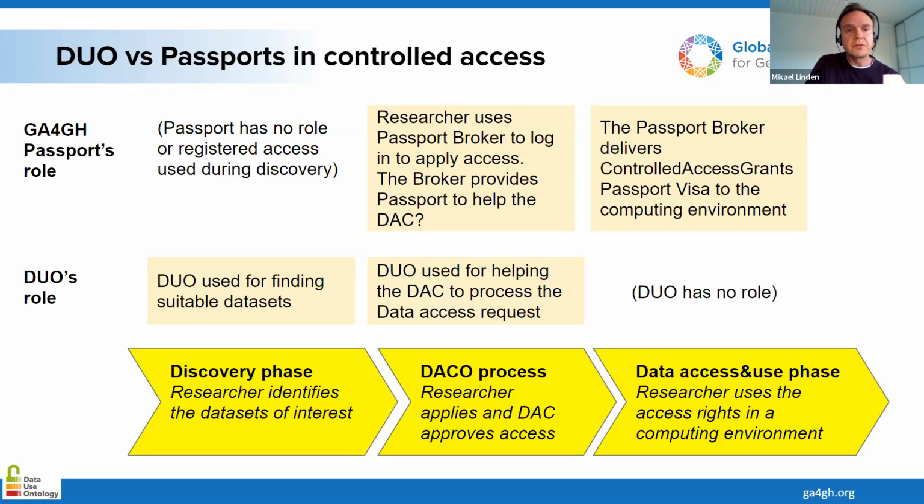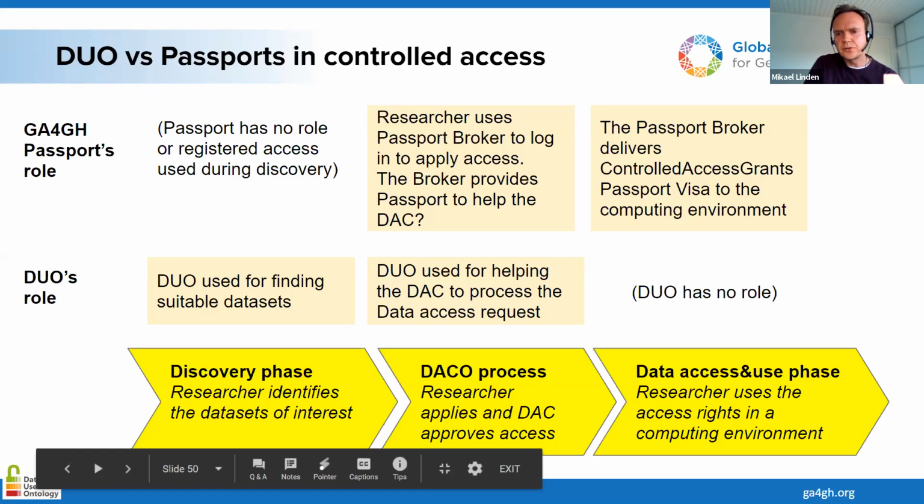It's used for finding the datasets that match the researcher's research purpose. And for the DAC process, the DUO spec can be used for applying access rights and automating the data access approval process, like the demo that Jonathan just showed us.